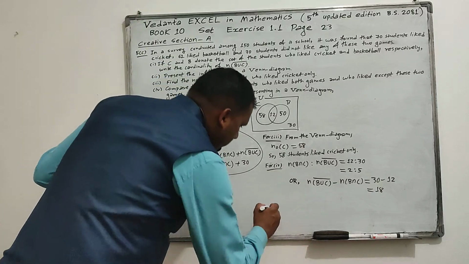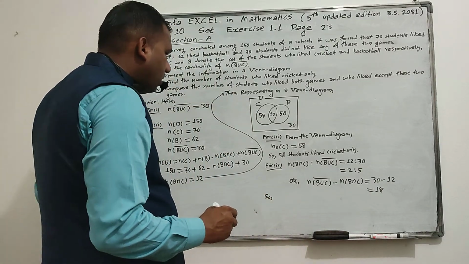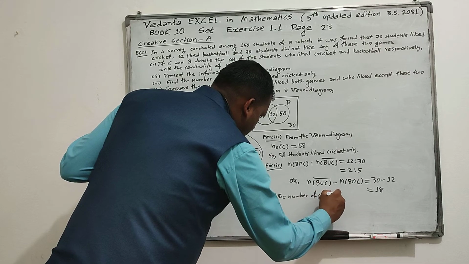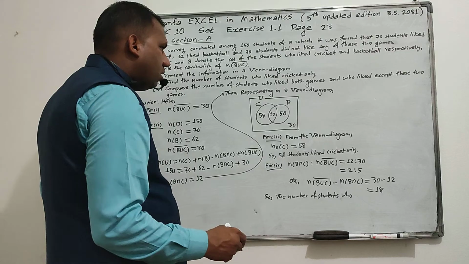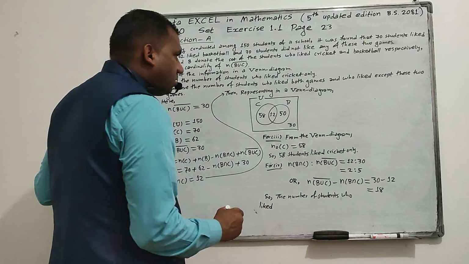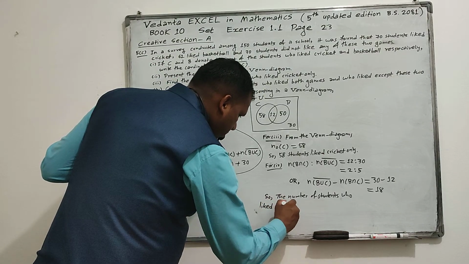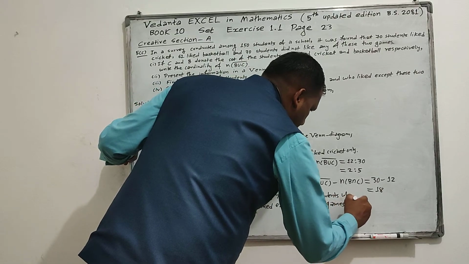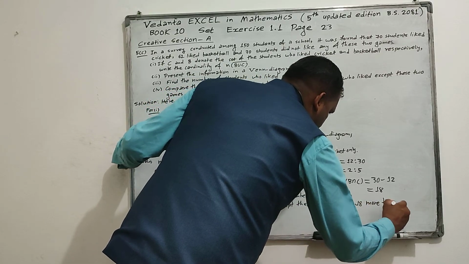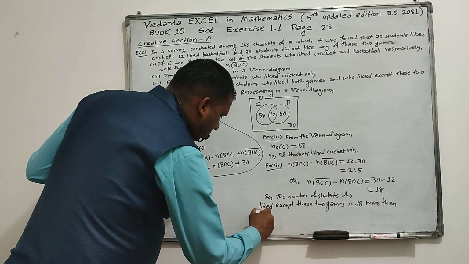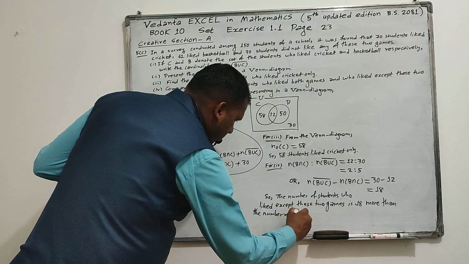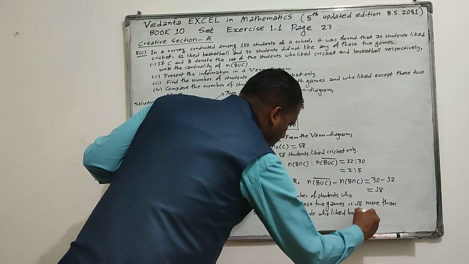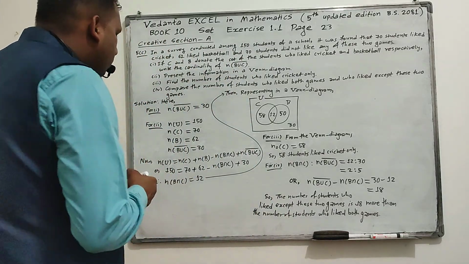So we can write, the number of students who liked neither of these two games is 18 more than the number of students who liked both games. Okay, this was for 5C.